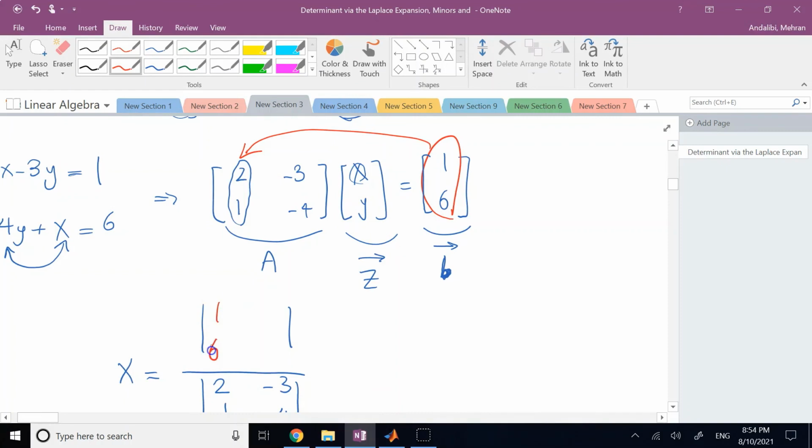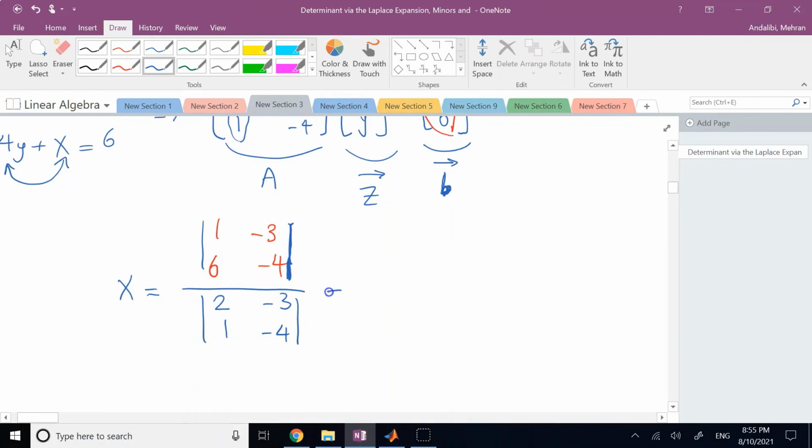So you get 1 and 6, and the rest of it is negative 3 and negative 4. So the first column in A, I replaced it by B. That gives me the first unknown, and here that's not hard to calculate, right? That's negative 4, that is plus 18, so that's 14, and this is negative 8 plus 3, that's negative 5. So the first answer is negative 14 over 5.